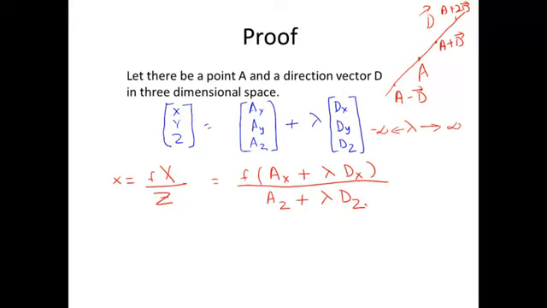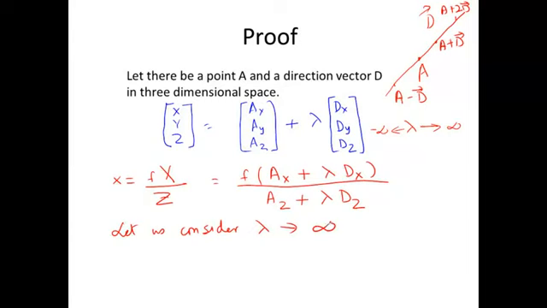Now we want to figure out what happens to this coordinate of this projected point as the line goes to infinity in three-dimensional space. How do we find that? Let's consider lambda going to infinity.